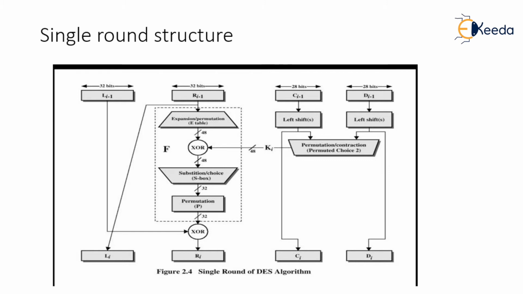and then the permutation process takes place. The output of the permutation process is then XORed with the left half of your plain text block, and the output which we get at the end of this XORing becomes the right part for the next round.